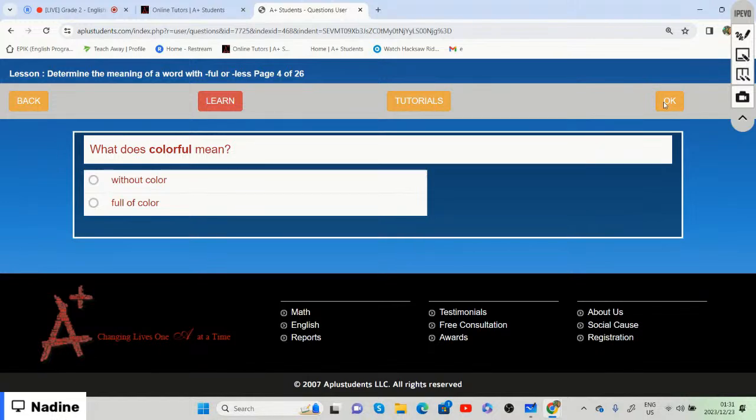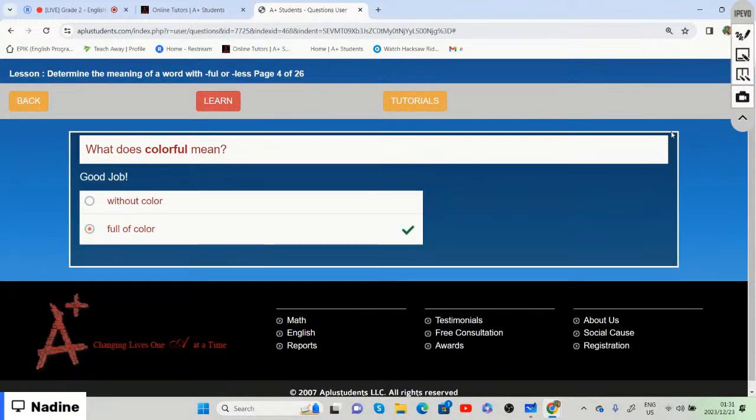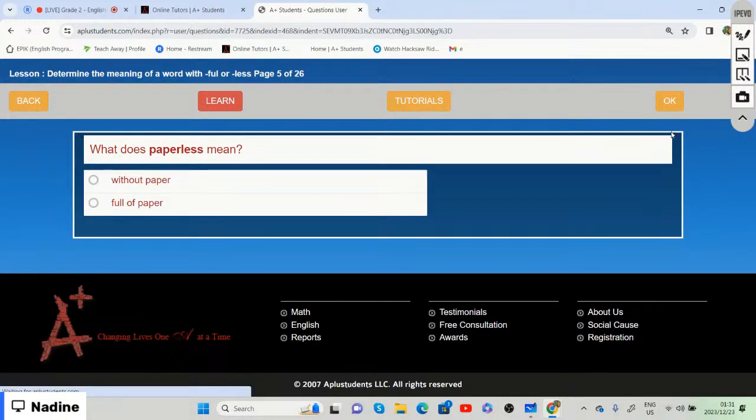And the word full, we said, means full of. So we're going to say colorful is full of color. And that's colorful, full of color.